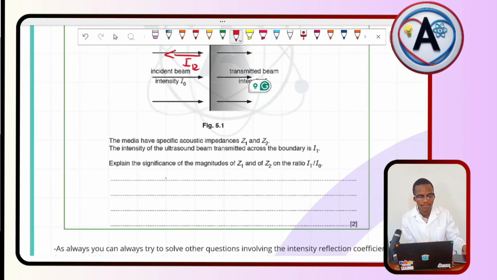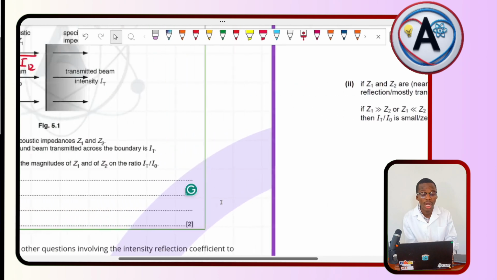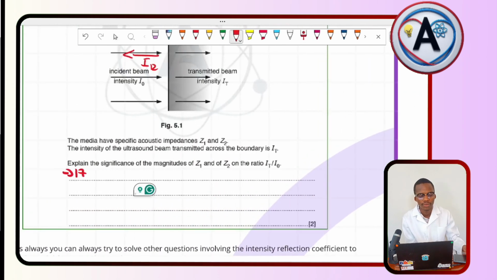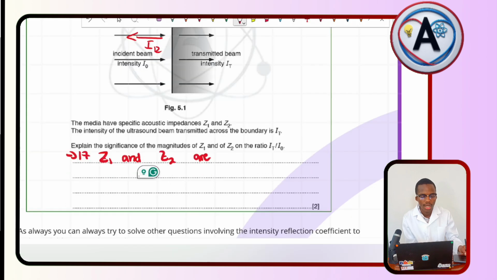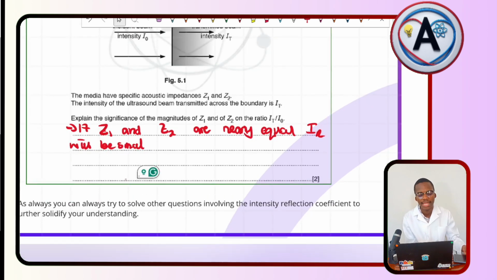Okay. So if Z1 and Z2 are nearly equal, IR will be small. Okay?